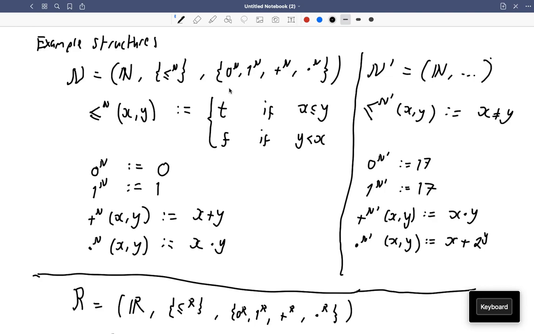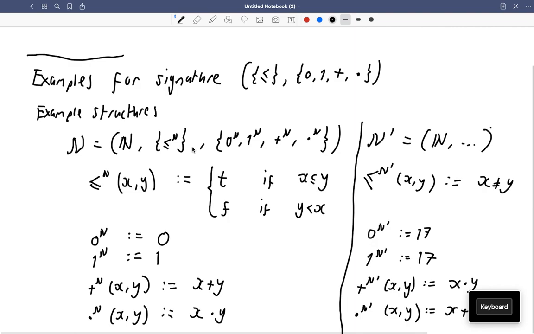So for example, the formula saying that 2 has a square root, as I think we did last week, will be true in the real numbers structure R, but false in the natural numbers structure curly N.